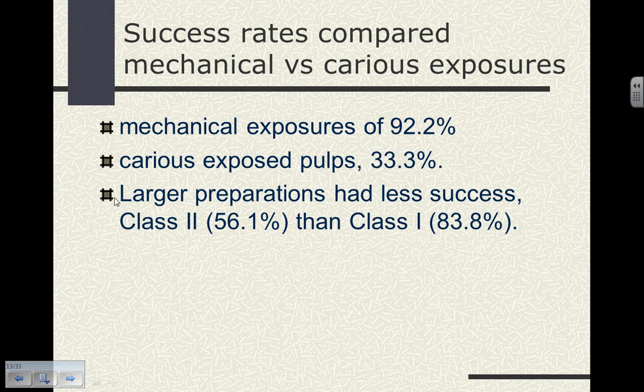Now keep in mind, the larger preparations had less success than smaller preparations. And that also comes into play if you have a carious exposure and it's a large carious lesion, the success rate is going to be significantly less.